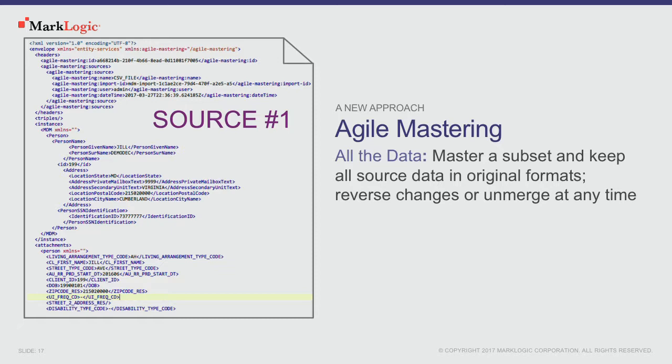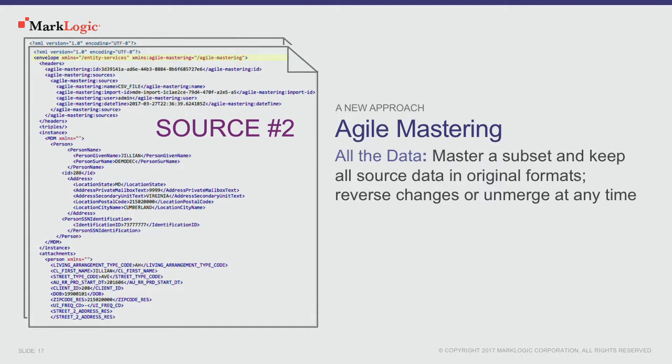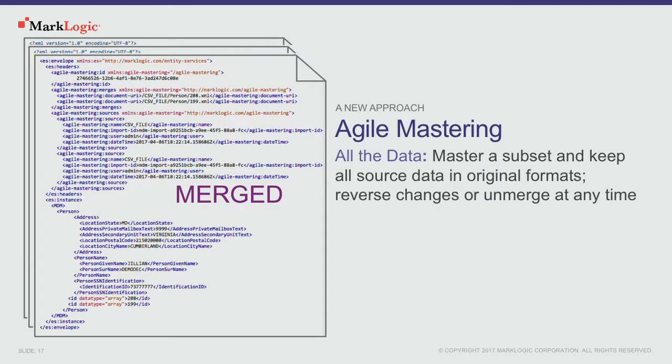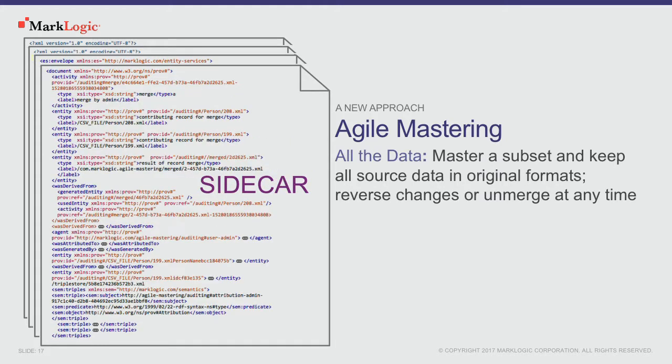So with Agile Mastering, you've got multiple sources of data. We merge them into a single copy of a file. Sometimes we have a second related copy that stores the metadata, but there's no reason why it can't be one copy or two. It depends on the toolkit that we're creating has the ability for you to choose between that.